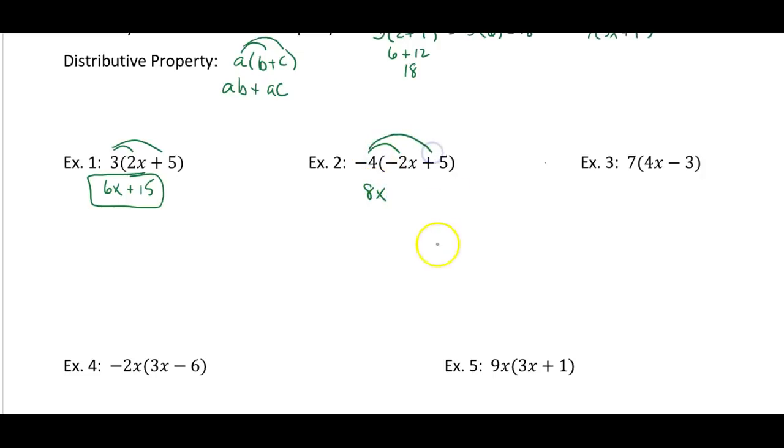Then negative 4 times 5, negative times a positive is a negative, so we're going to subtract. 4 times 5 is 20. Example 3, 7 times 4x is going to give you 28x. Then 7 times negative 3 is going to be a negative, so we're going to get minus 21. And nothing can be simplified from that point on.